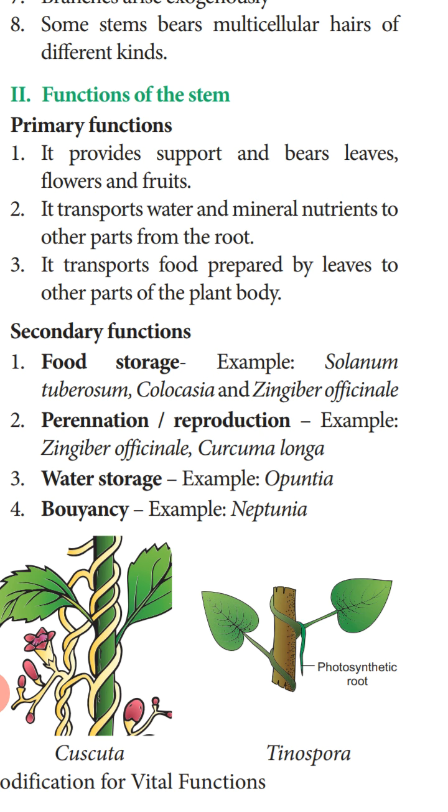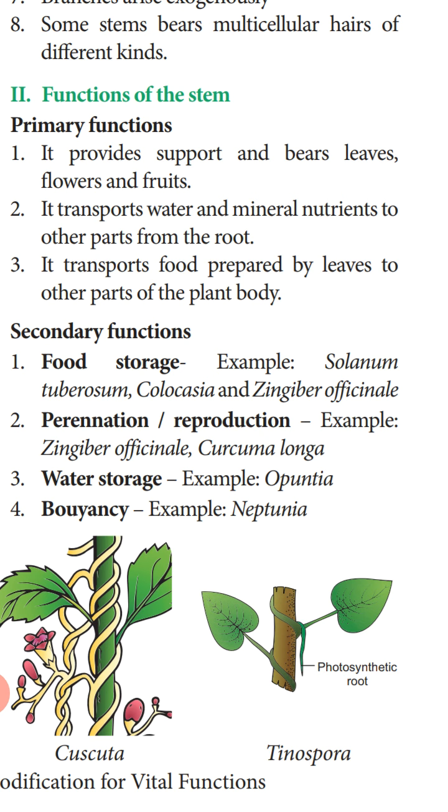Water storage, example Opuntia. You have seen the cactus plant; in Opuntia, the stem is modified into a green leaf-like structure. These stems are fleshy, and this fleshy stem stores water. Next is buoyancy. Buoyancy means floating.